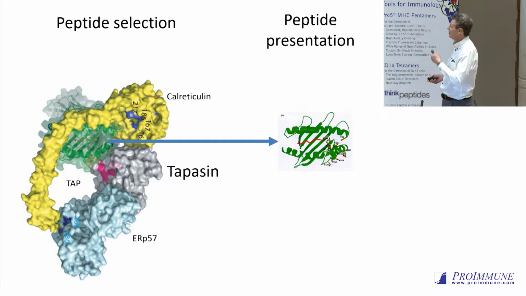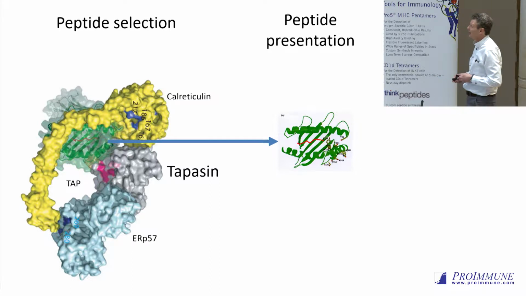We're looking down at the peptide MHC complex here. And this really important dedicated class 1 chaperone called tapasin, one of 2 molecules whose sole function appears to be to assist MHC class 1 molecules in loading with peptide cargo.